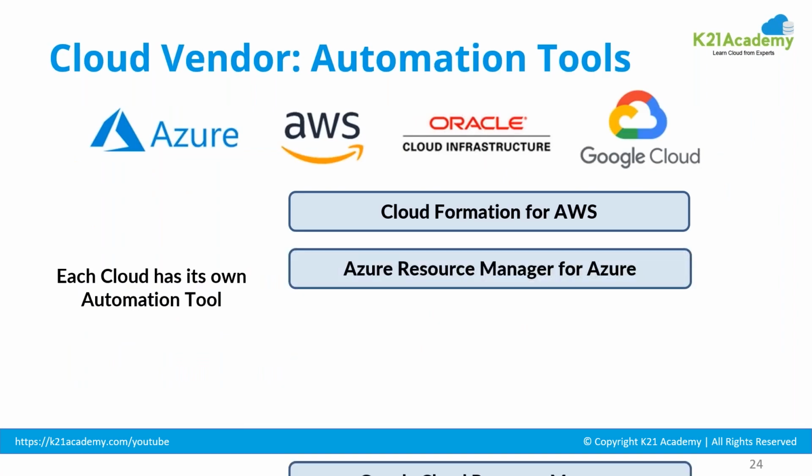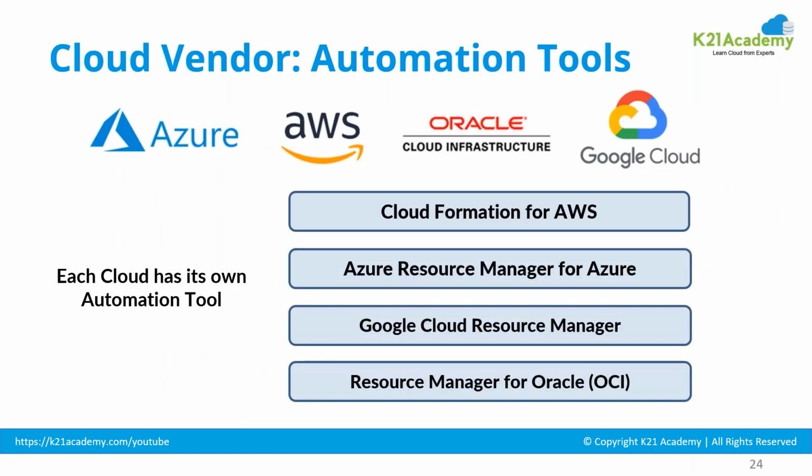Okay, so now you might have come across various vendors. These are the most common ones: Azure, AWS, OCI, Oracle Cloud Infrastructure, and Google Cloud. Now, these have their own automation languages. Like CloudFormation is basically for AWS.